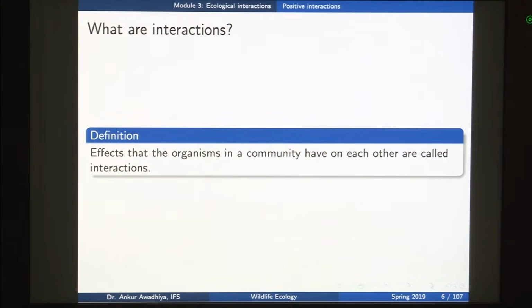So, what are interactions? Interactions are effects or impacts that the organisms in a community have on each other. So, essentially if you see any organism that is there in the ecosystem, it will be doing something, or just by its presence it is taking up some space, and when it does so, it is putting an impact on the neighboring organisms.